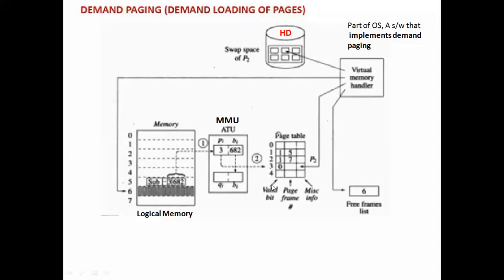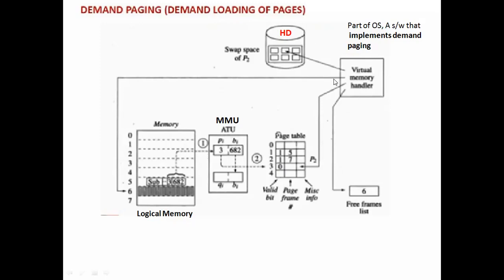By using the valid bit. According to this figure, page 3 is not present in the main memory, hence it has an entry of 0. Regarding pages 1 and 2, they are available in the main memory, hence they have an entry of 1.